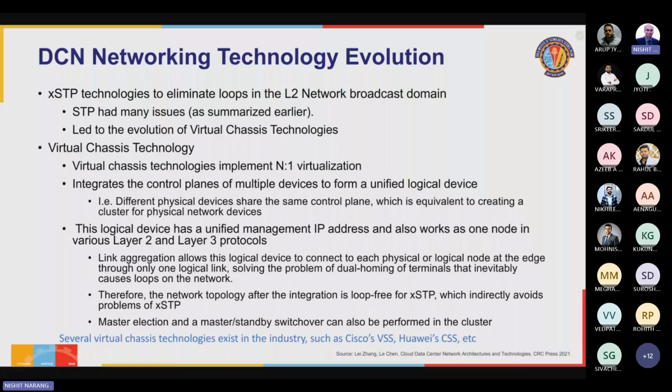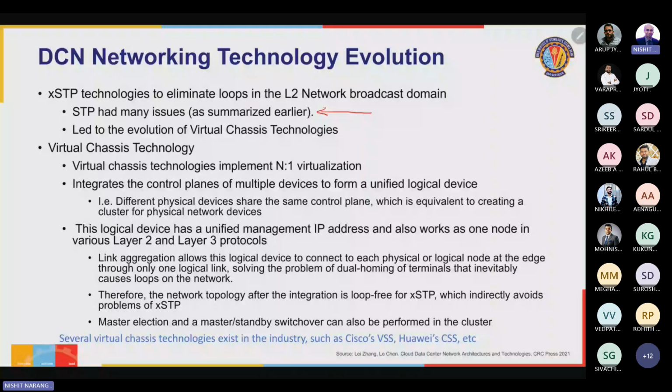In certain cases, STP would land the network in some very weird configurations where the network would become quite inoperable. So those challenges with STP existed, and till here is what we had discussed earlier. I'm just summarizing what we had discussed in earlier classes.